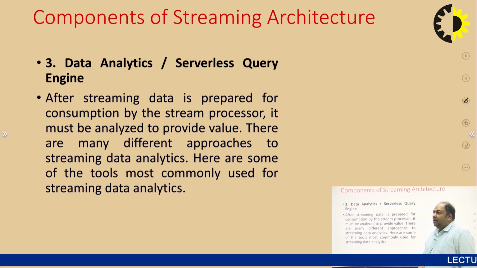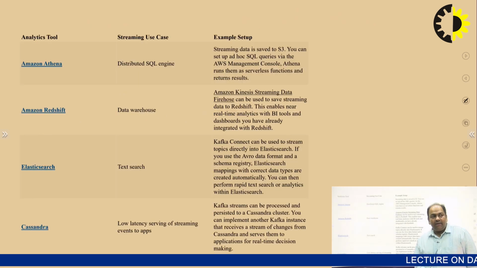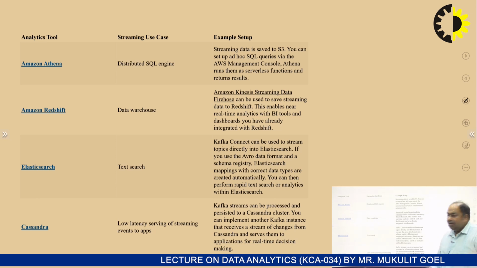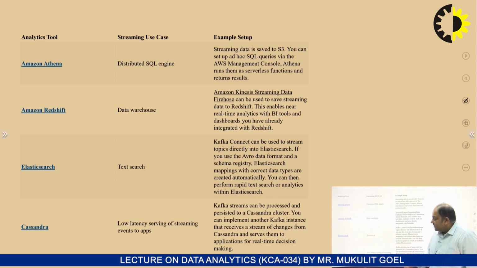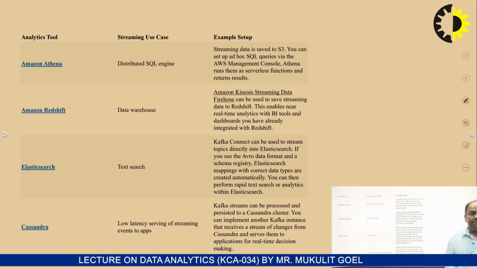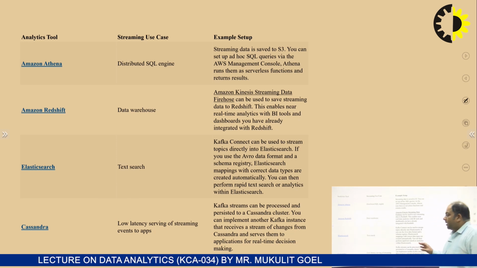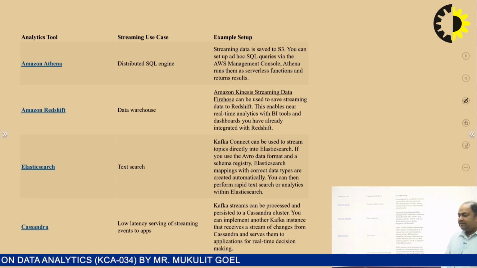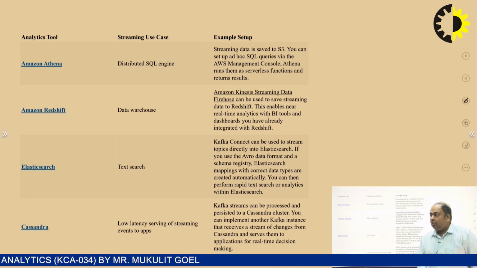The tools are Amazon Athena, which is a product of Amazon and part of AWS, Amazon Redshift, which is part of the Amazon ecosystem, and Elasticsearch and Cassandra, which work with Kafka. The purpose of Elasticsearch is text searching, and Cassandra is for serving streaming events to apps.